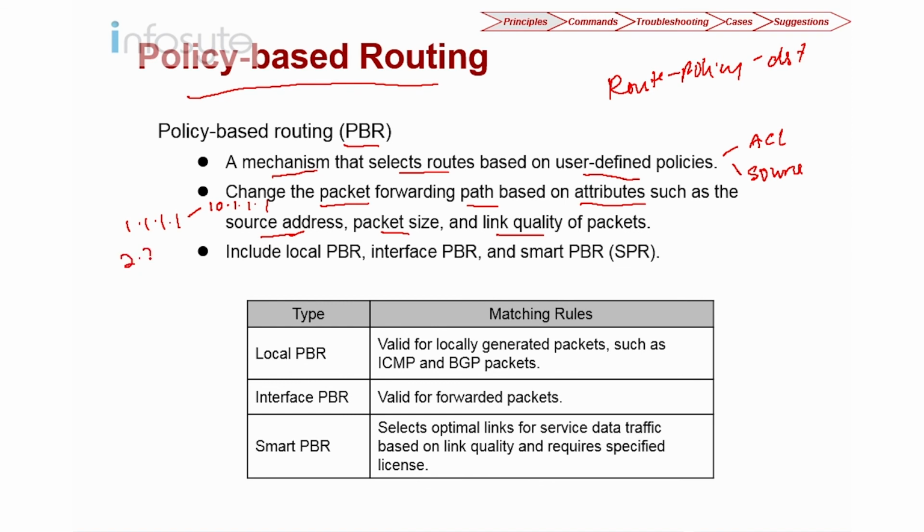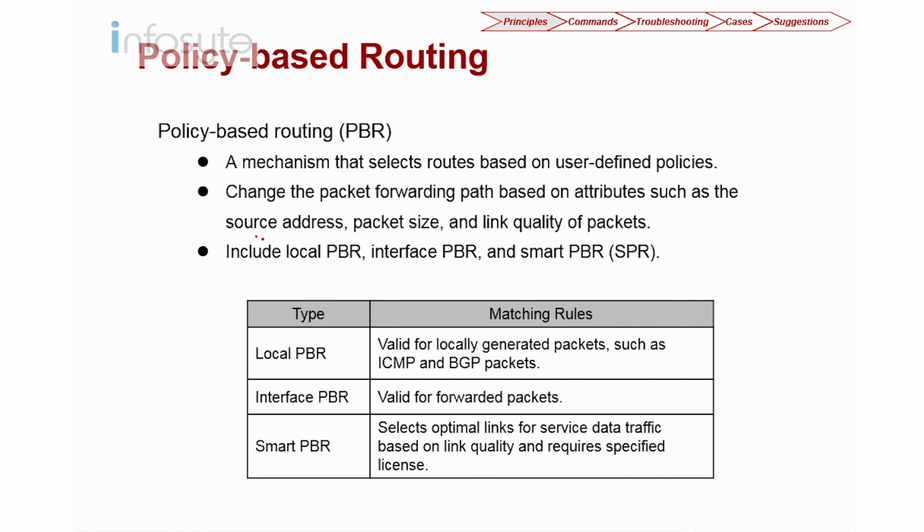If your source is 2.2, I'm going to use a default route, for example, based on the routing table. So it can be based on the source, the size, or even the link quality of the packet.